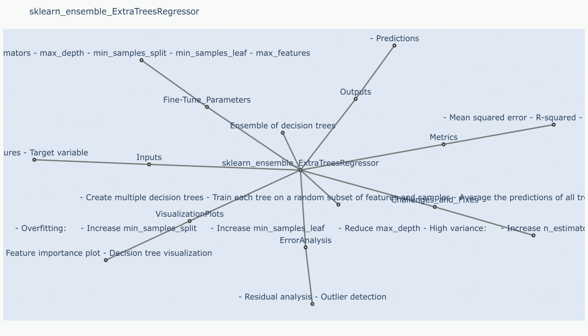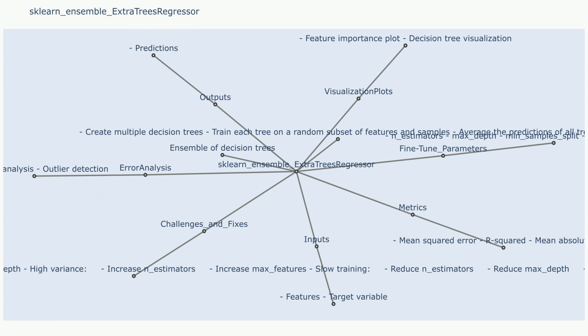Fine-tune parameters. n_estimators controls the number of trees in the ensemble. Increasing this value often improves performance, but can increase computation time. Max depth limits the maximum depth of individual trees, preventing overfitting. Deeper trees can capture complex relationships but risk overfitting.